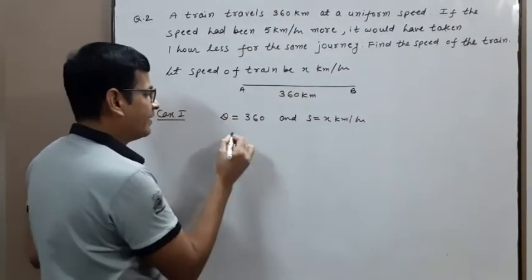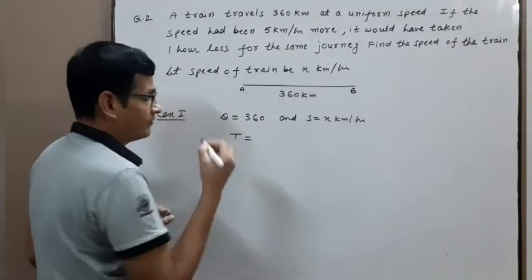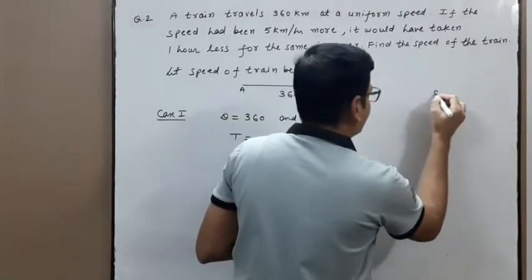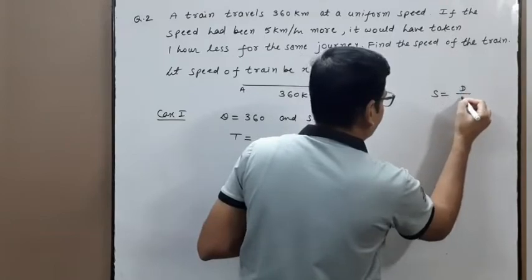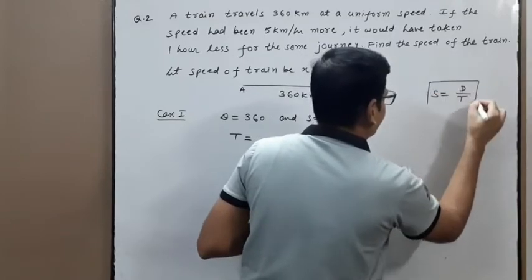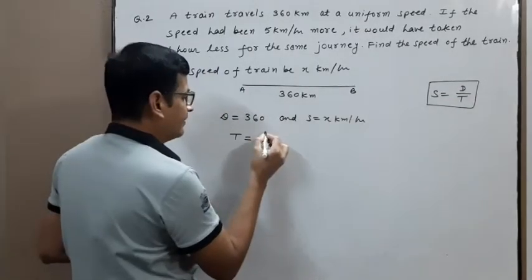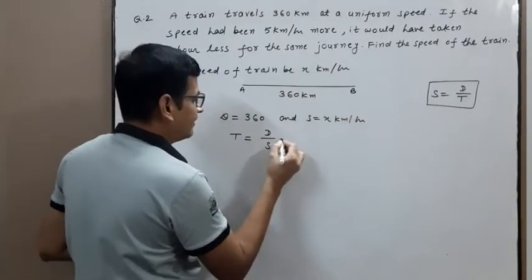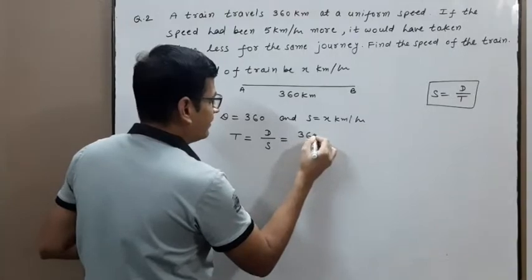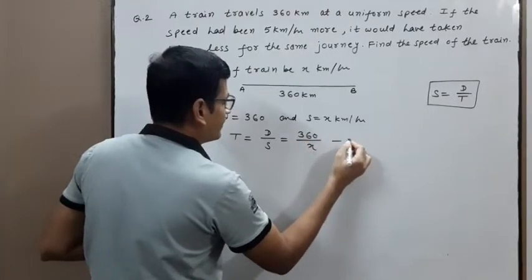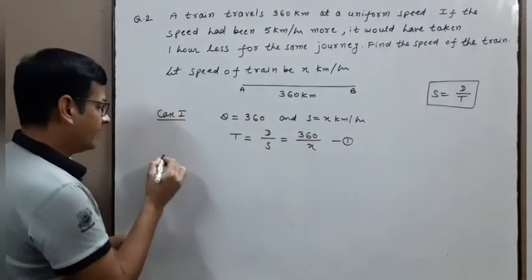In this case, time is equal to, the formula is speed equals distance upon time, and time equals distance upon speed. So distance upon speed, so 360 upon x. Call this equation number 1.